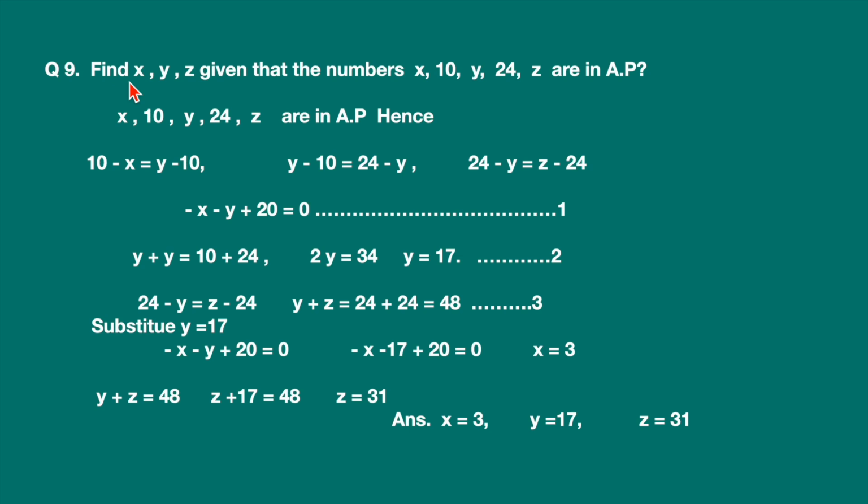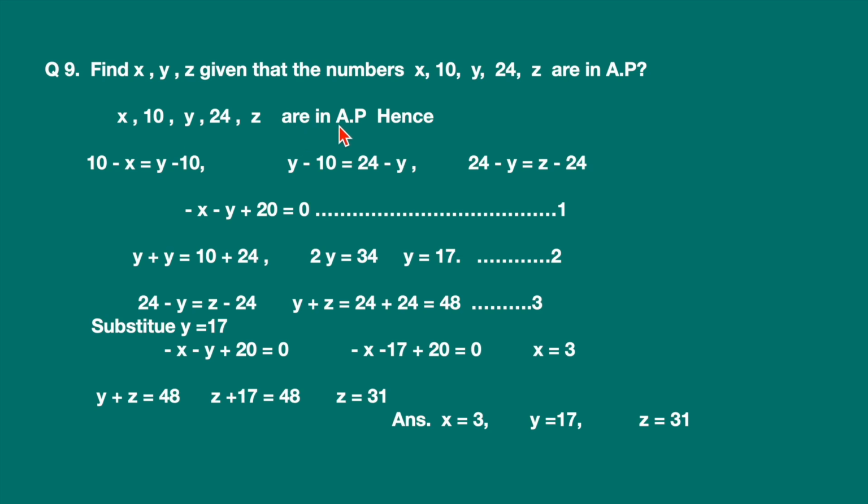Question 9. Find x, y, z given that the numbers x, 10, y, 24, z are in arithmetic progression. These are in arithmetic progression. They are the terms. Okay, this is the first term, second term, third term, fourth term, fifth term.